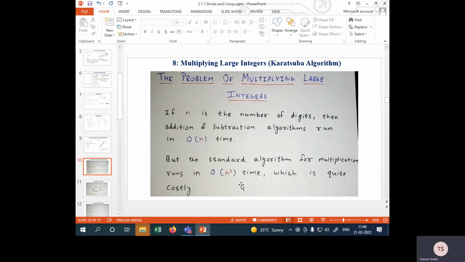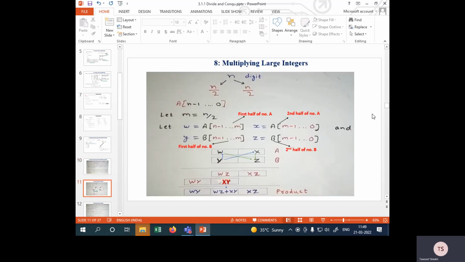So we need order of n square in the traditional way of multiplication. So what we do, we divide n digit number into two numbers of size n by 2, n by 2. And we store that value from n minus 1 to m into another variable w, and from m minus 1 to 0, means from left to half and half minus 1 to 0, we store it in another variable, that's x.